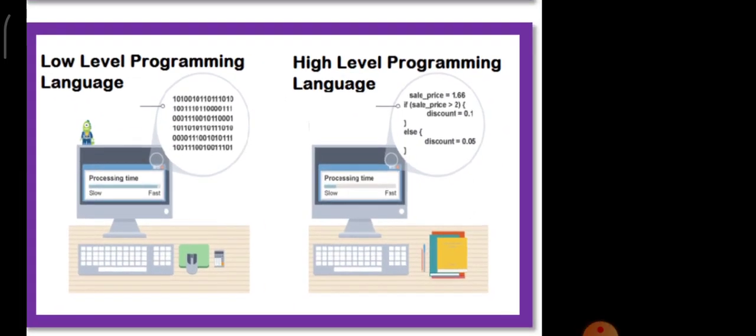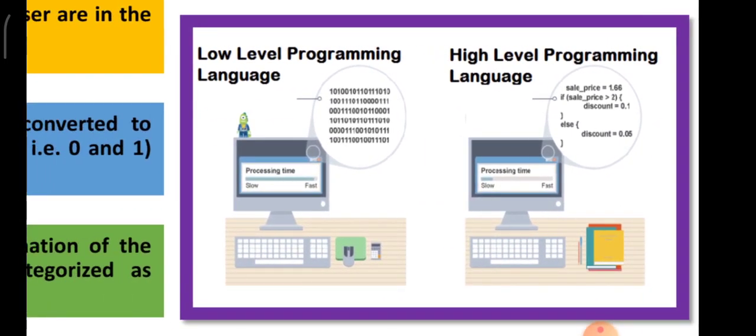Can you see the progress bar below processing time is very slow. But look at the left hand side picture. The instructions are given in zeros and ones where the machine can understand, and the processing time progress bar is much faster than with the language understood by human beings. Hope this is clear to you.